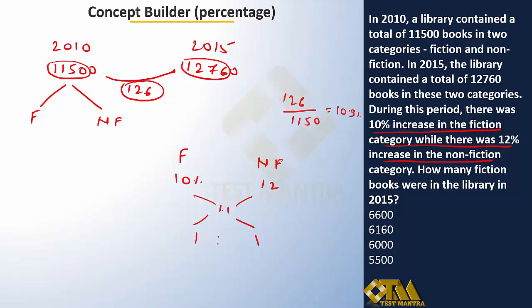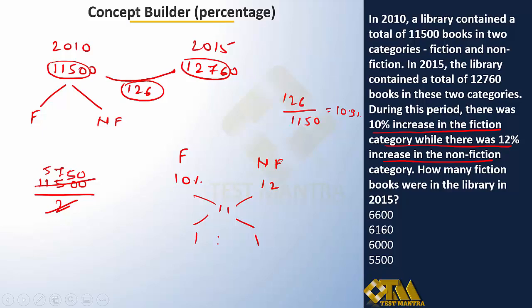Let's go by the basic analysis first. Suppose it's 10 and 12, that means 11, so the ratio should be 1:1. If I have 11500 books, let's divide by 2, so it's approximately 5750.